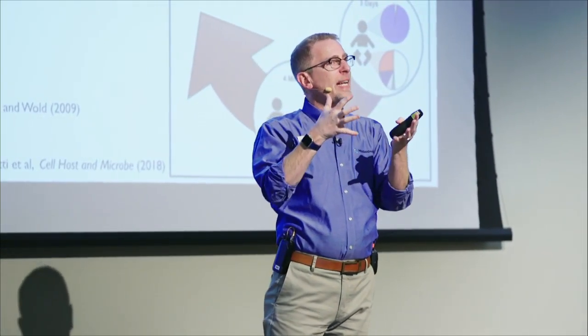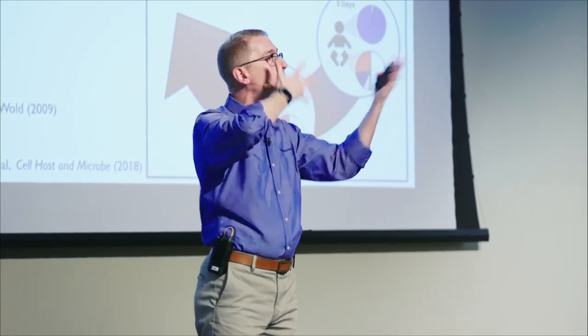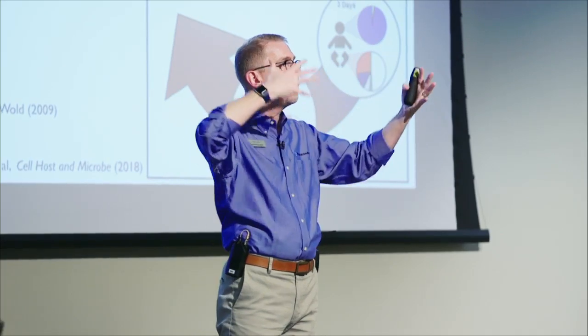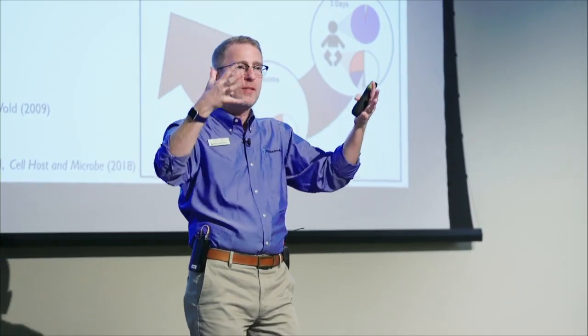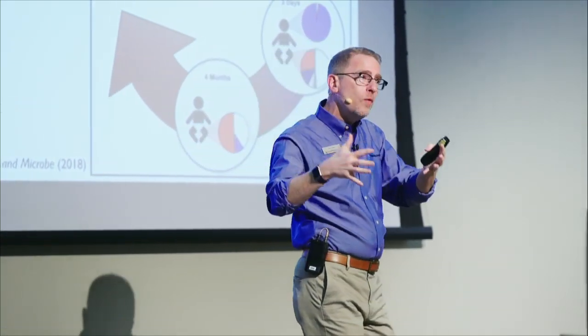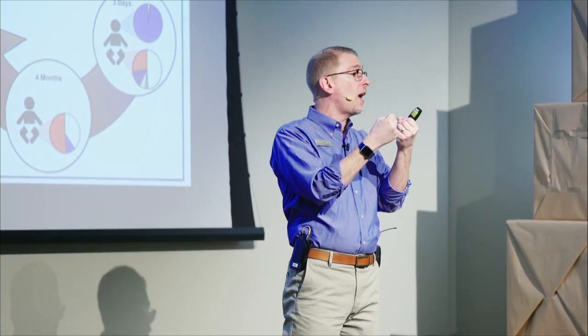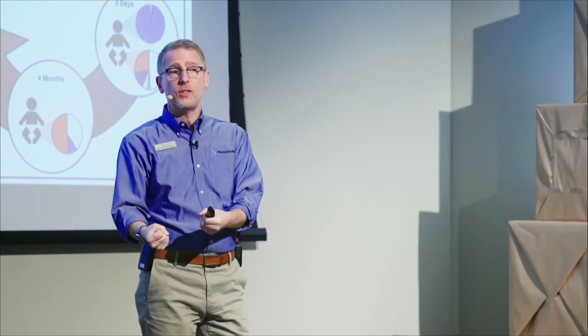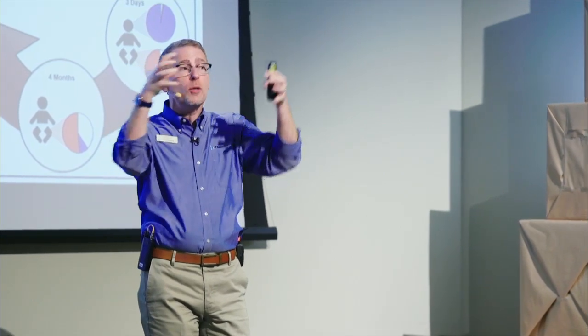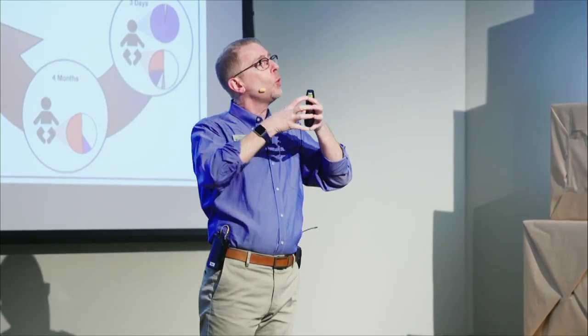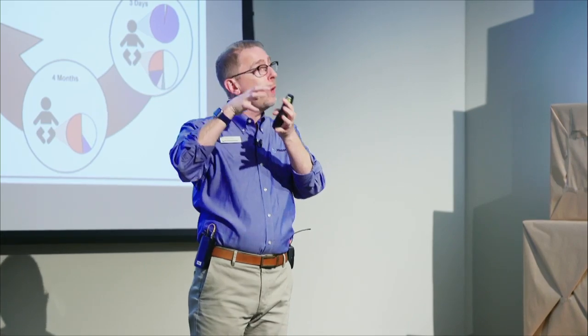You can see how in the first few days of life, the infant is just a mix of bacteria from all these different parts of the mother's body, and from their caregiver's skin and other places. Then, as you move past the first couple of weeks, some really take root in certain parts of the body and thrive, and others don't survive so well there, but they might survive in other places. So again, this diverse microbiome really begins to take root relatively early in life.